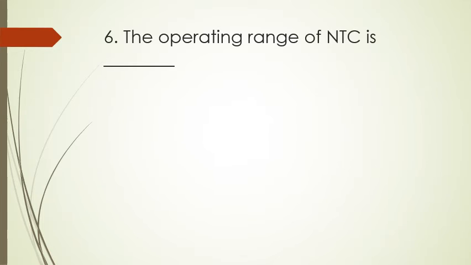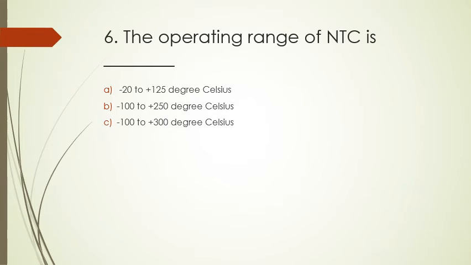Next question is, the operating range of NTC is. NTC is the negative temperature coefficient thermistor. The options are -20 to +125 degrees Celsius, -100 to +250, -100 to +300, or -20 to +150. The correct option is C, -100 to +300 degrees Celsius.